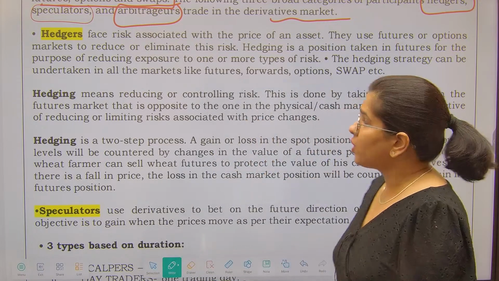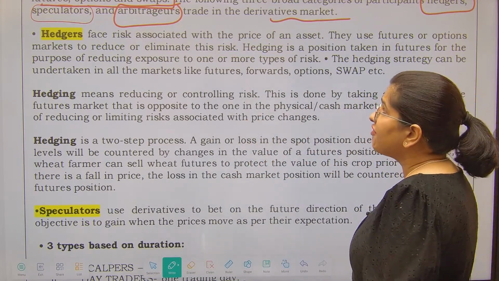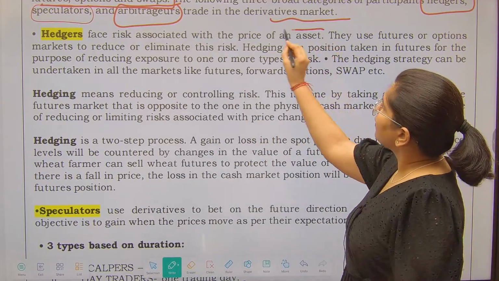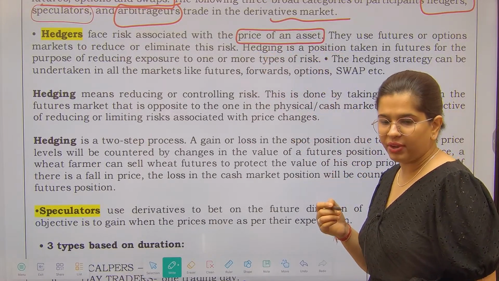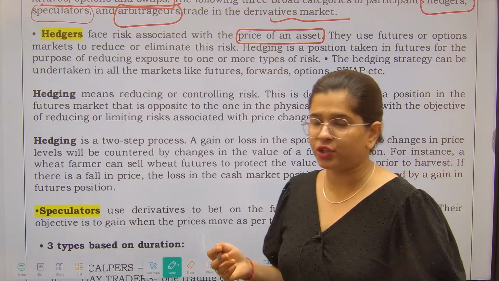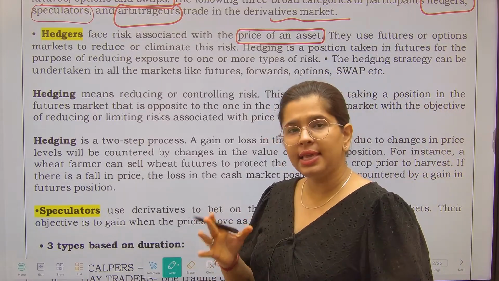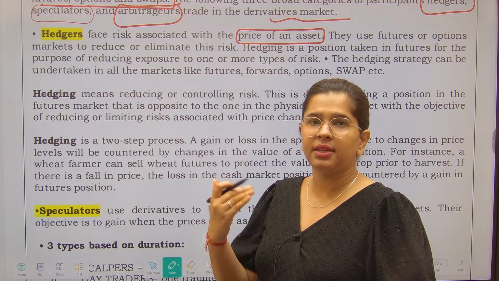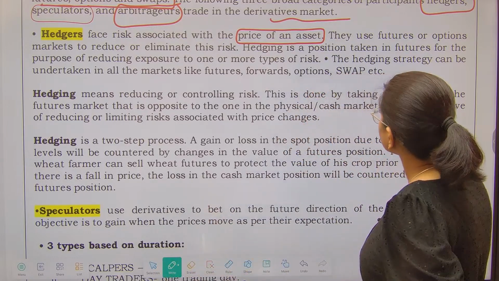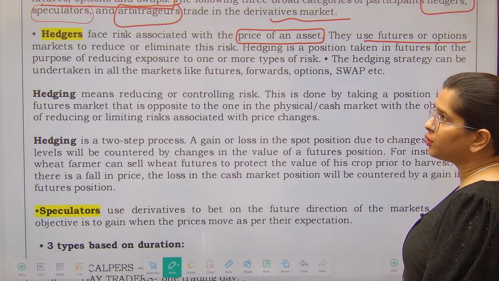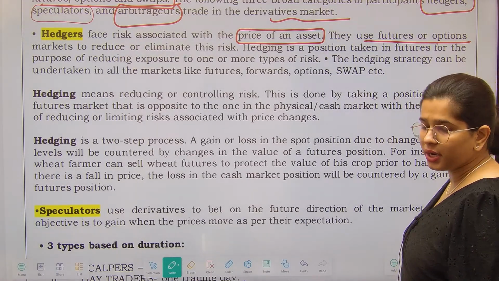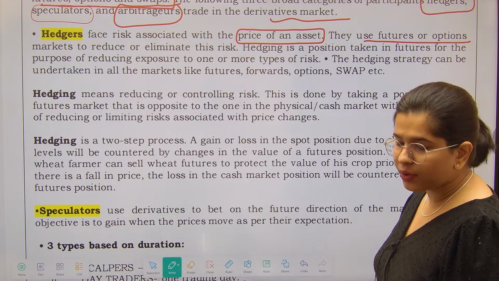Let's understand. So hedgers are facing risk associated with the price of an asset. ठीक है, suppose a wheat farmer will be called a hedger, right? Why? Because he has an asset and he is facing the risk for it. They use futures or options market to reduce or eliminate this particular risk. What kind of markets are they going to use?